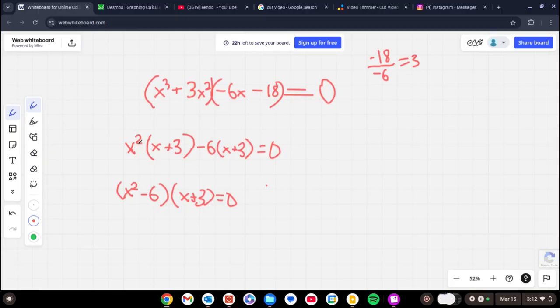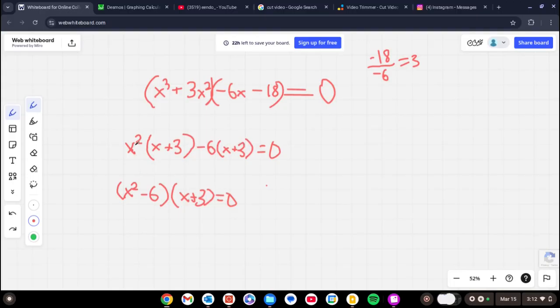I actually can't explain this well because you're multiplying, let's say x to the second, or x squared, by x plus 3, and you're also multiplying minus 6 by x plus 3.